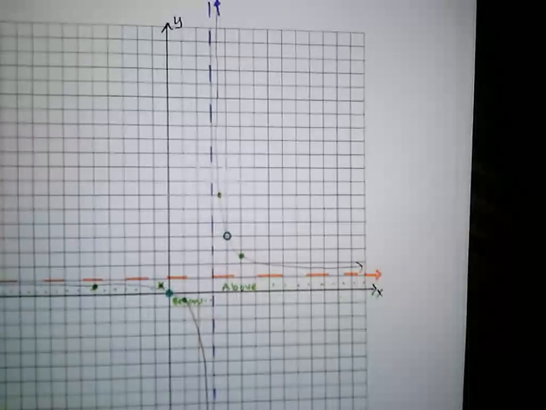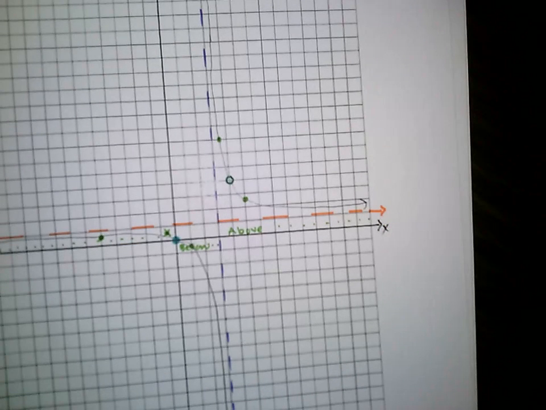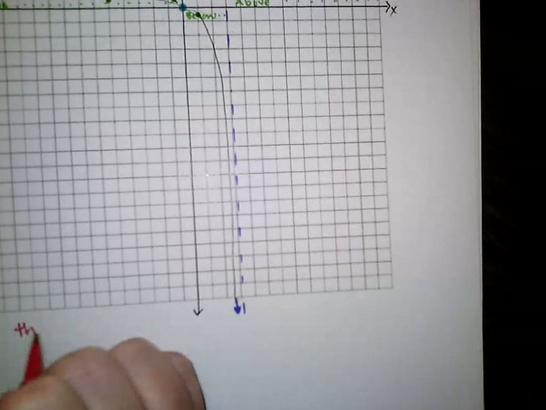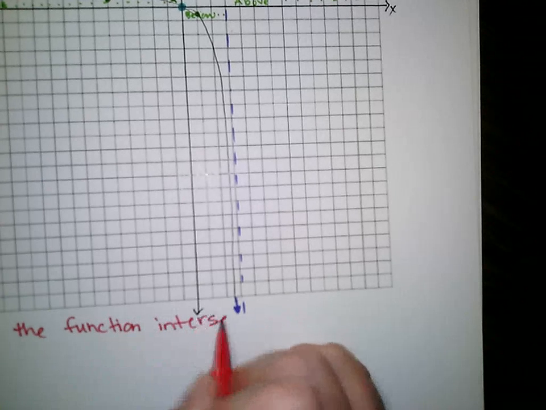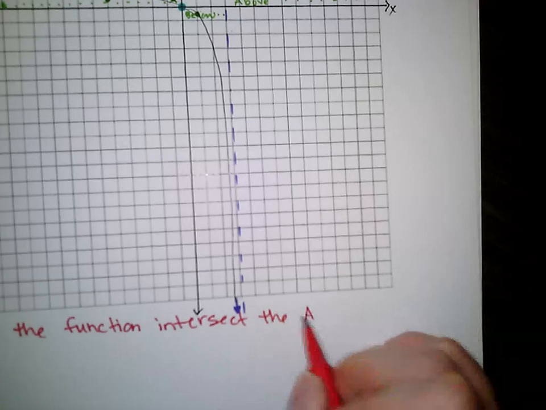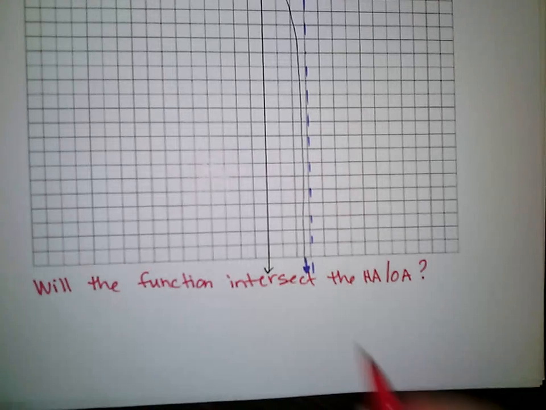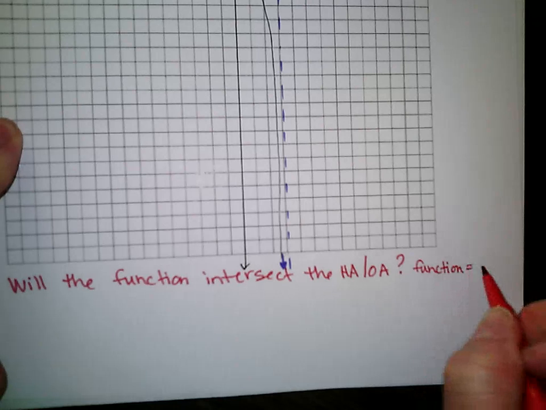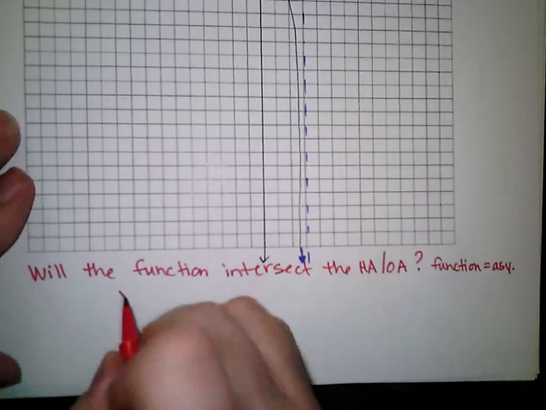Now I can figure out if my function ever crosses the horizontal asymptote. So let's look at that now that I have it drawn. Will the function intersect the horizontal or oblique asymptote? What we do for that is set the function equal to the asymptote and see if it solves. Our function was x over x minus 3.